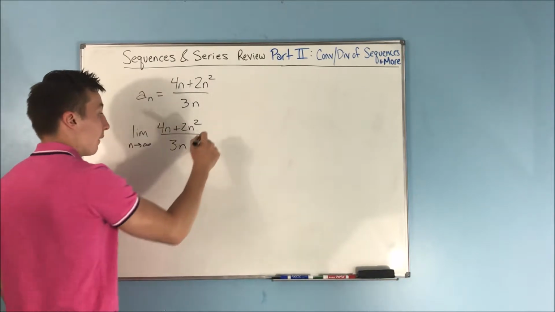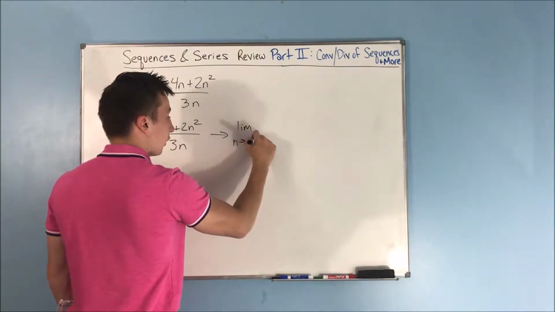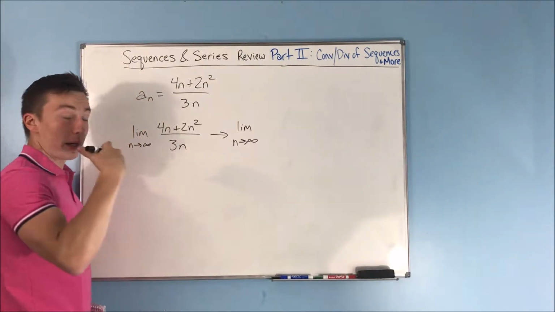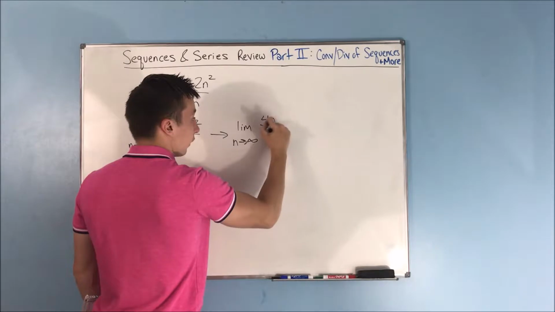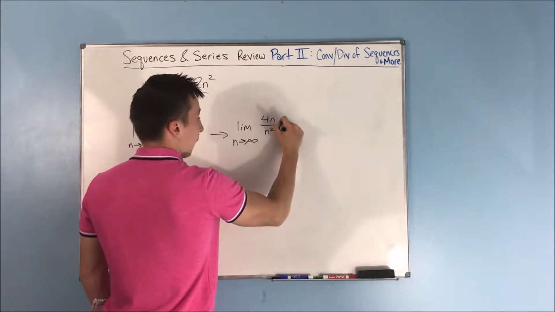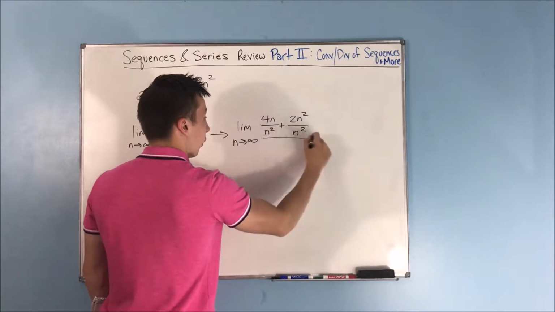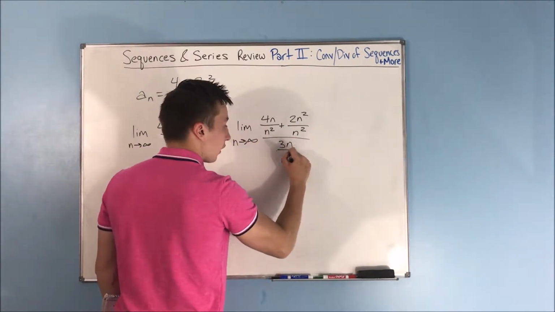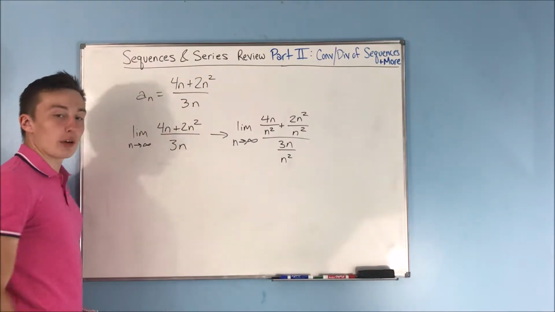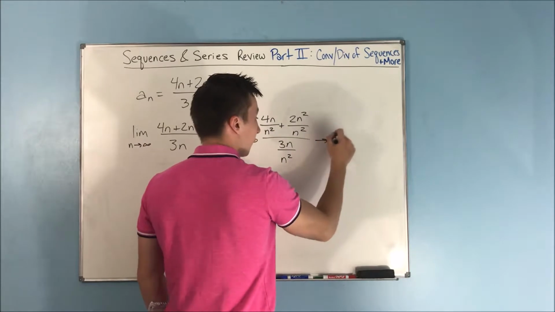So let's go ahead and do that. If we divide by the highest power of n, which means we're dividing by n squared, we get 4n over n squared plus 2n squared over n squared, over 3n over n squared. Now, why did we divide by this highest power of n? Well, it simplifies this down tremendously.